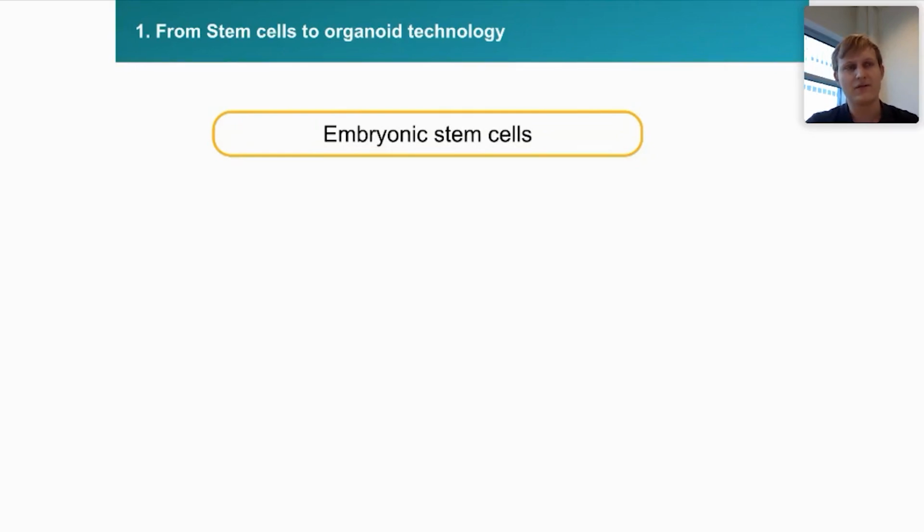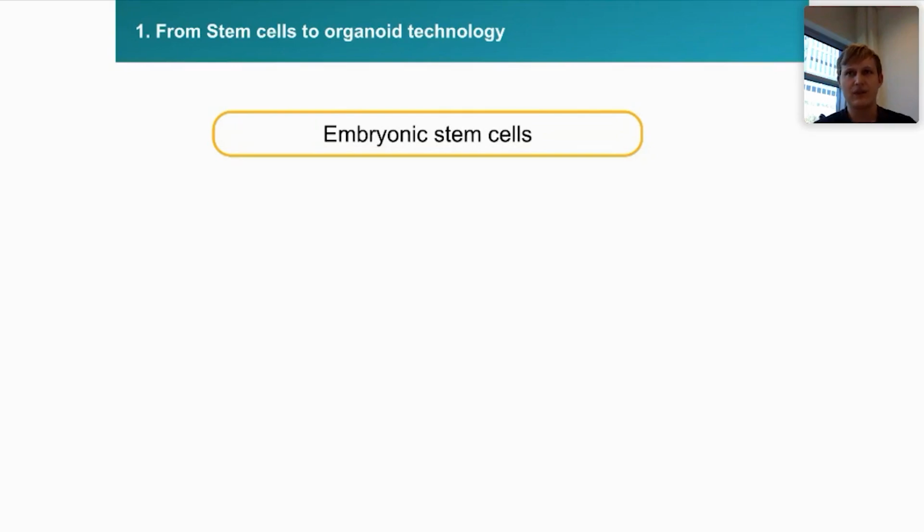To begin with, organoids are really like miniature versions of the big organs that we have in our body. Organoids can be produced in vitro in 3D structures and show a very similar and realistic microanatomy compared to the real host tissue.